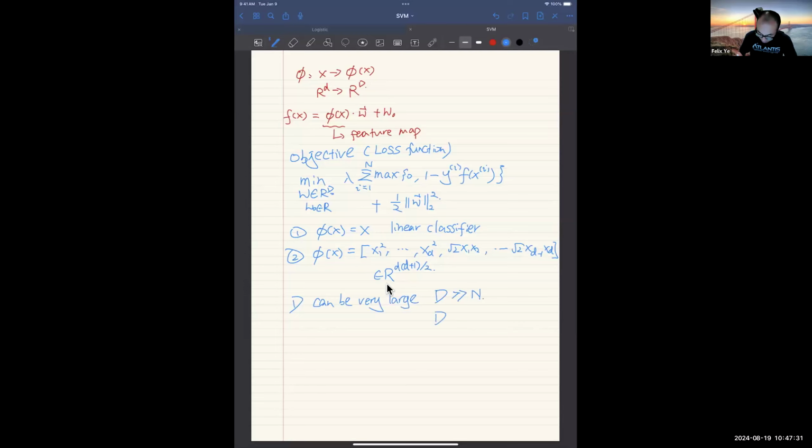Sometimes this D could even be positive infinity, like with the Gaussian kernels, which we have talked about. Basically, it will be impossible to compute f(x) explicitly. So overall, it would be a really bad idea to solve this problem, because it is too large to solve.